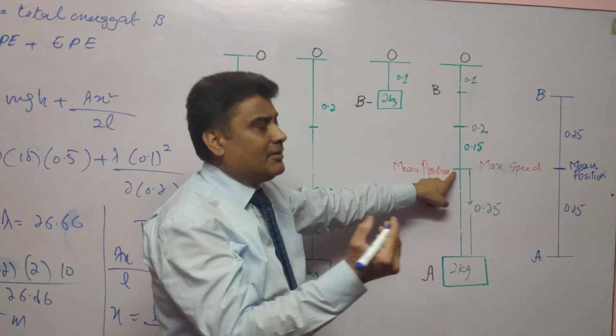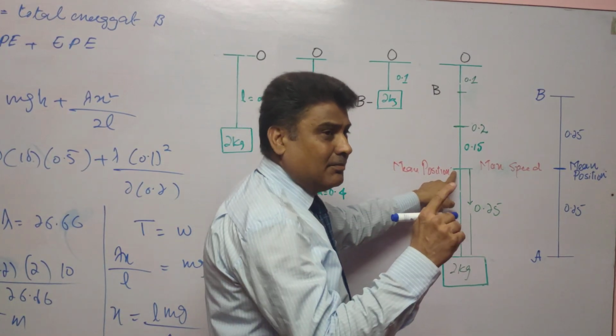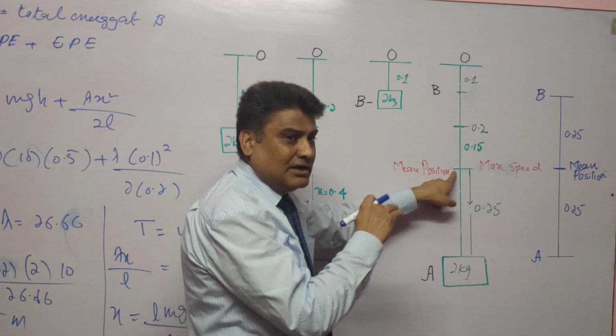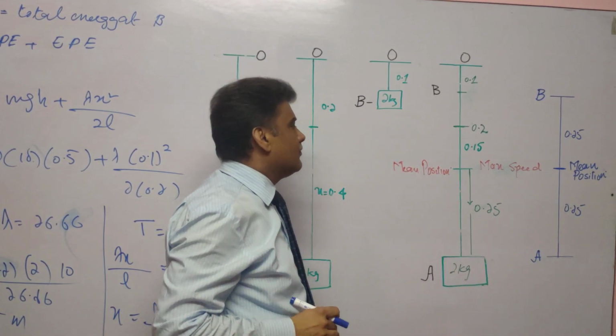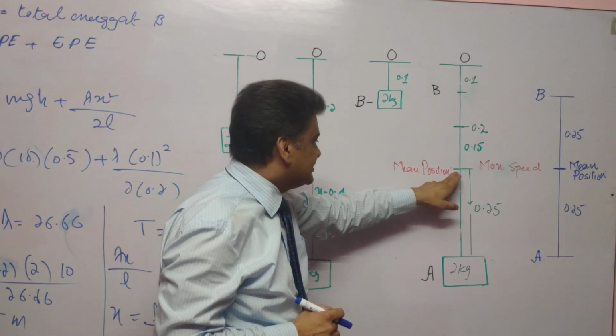In simple harmonic motion, the velocity of the particle will be maximum at the mean position.